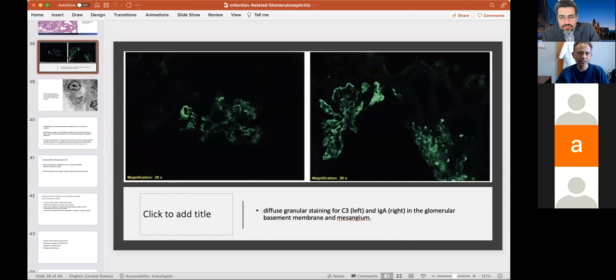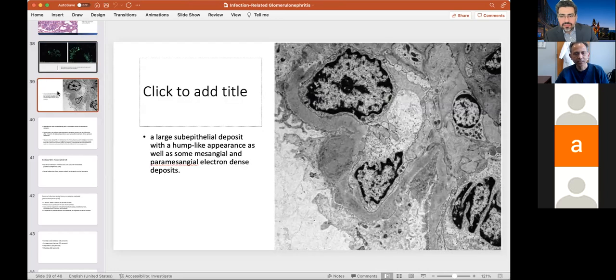So in this case, immunofluorescence showed both C3 and IgA deposits, and that's also a little bit different, in that you're less likely to have C3, and more likely a dense IgA deposit in a pure or simple case of IgA nephropathy. Next slide.